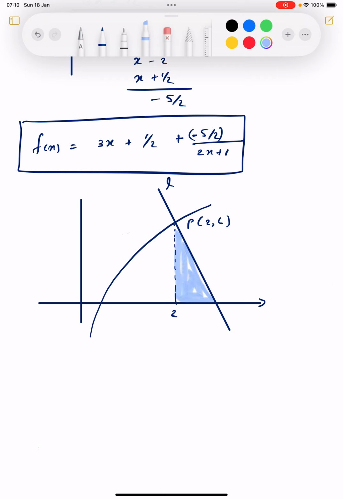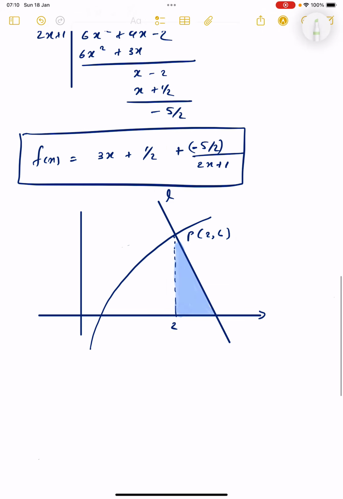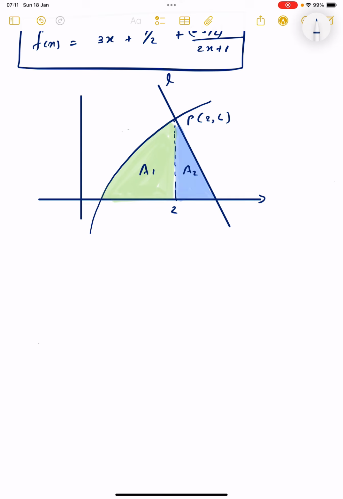This one is a right angle triangle and this one would be the area under the curve. So I can consider this as A1, this one as A2, and we need the coordinates of point A and point B.